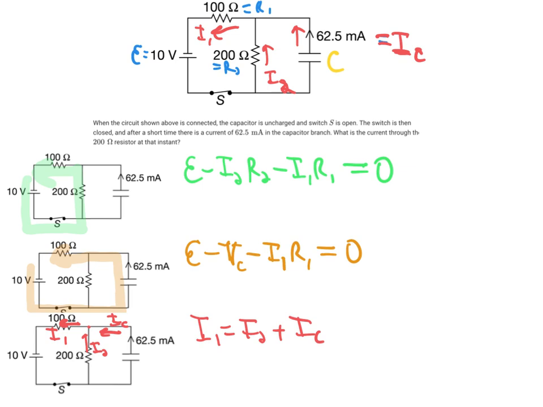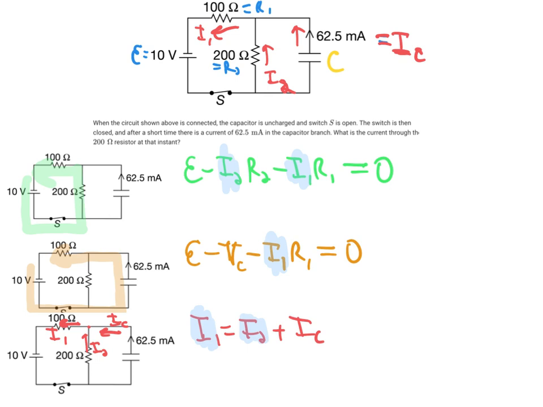And then we start going variable hunting. How many variables do we actually have in this equation? Well, what do we not know? We don't know I2, that's what we're looking for. And we don't know I1 because we weren't given it.